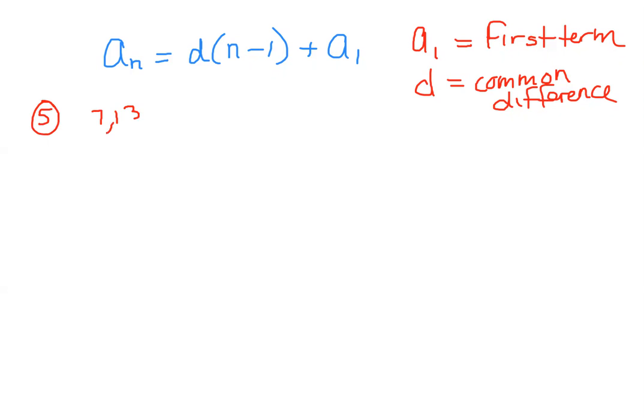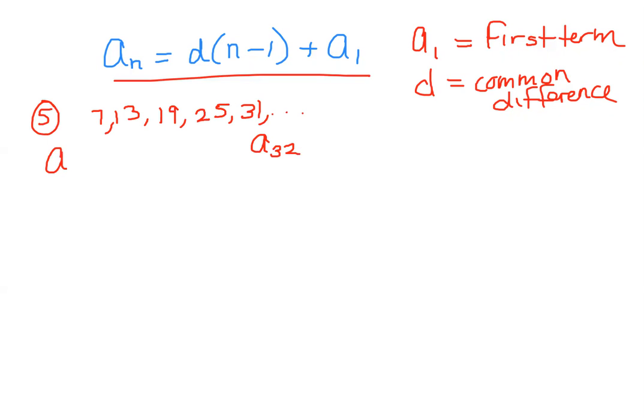So here is what we're given, and we're looking for A32. All right, but first we have to write a rule. We're going to use this. We have to know A1 and we have to know D. Well, A1 is 7, and D, what's the difference between each of these?